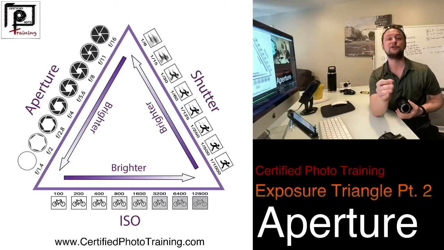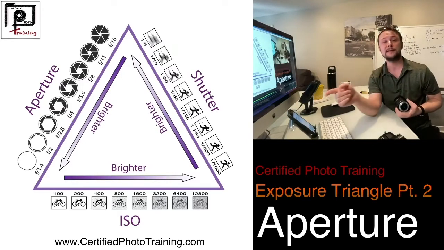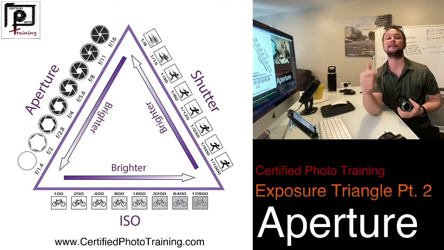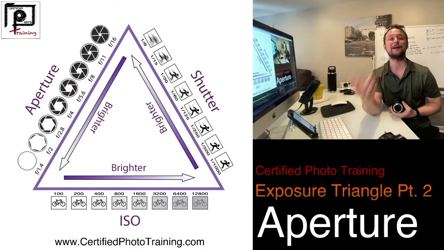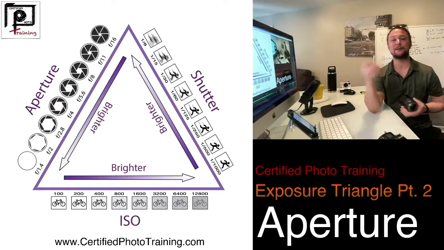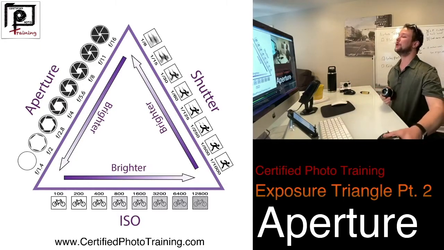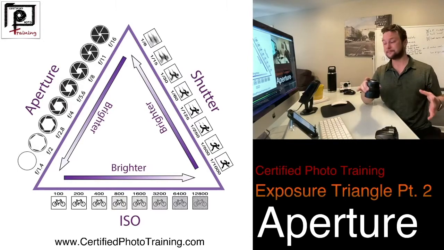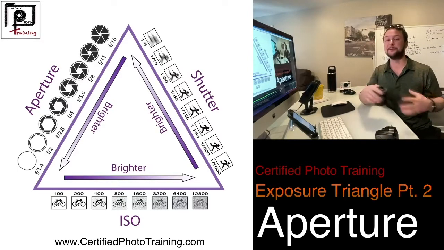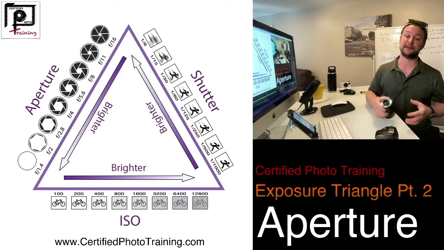It controls the amount of light that's coming into your camera, the same way the pupil of your eye controls the amount of light that's coming into your eyeball for your brain to process and comprehend. So make that analogy right up front: the aperture is the pupil of your eye. That's the best way to understand it, okay?